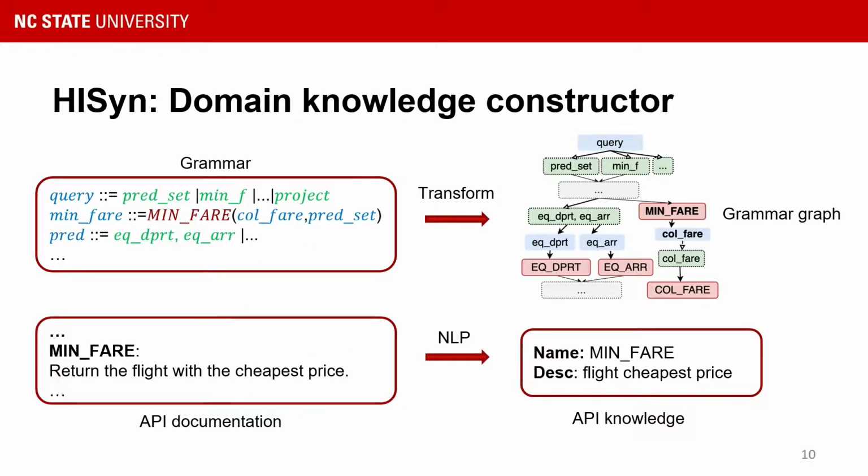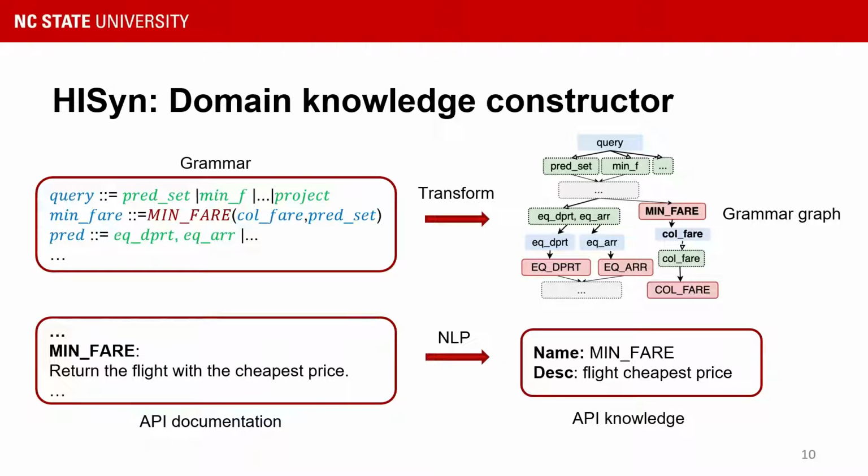For this domain, the first thing we'll look at is the domain knowledge constructor, which, as mentioned earlier, is responsible for processing the grammar and API documentation for the ATIS domain. First, the grammar will be transformed into the shown grammar graph, which is used as the search space when generating the output code expressions.